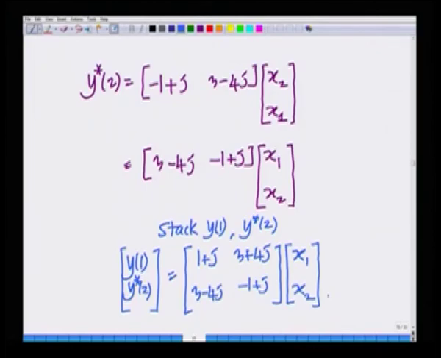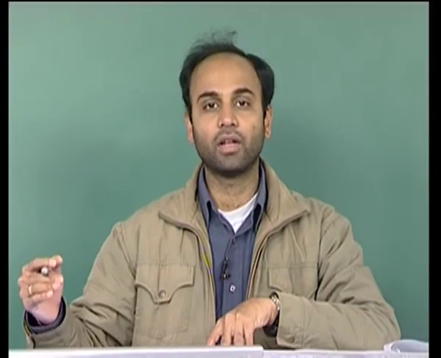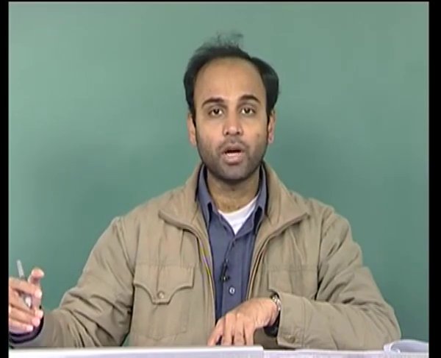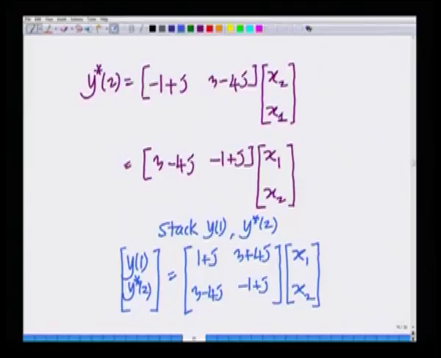So, now as a net result, I have taken y 1, I have done some manipulations on y 2 conjugate, I have stacked y 1, y 2 conjugate. The net system is this: 1 plus j, 3 plus 4 j, 3 minus 4 j, minus 1 plus j, into x 1 x 2.